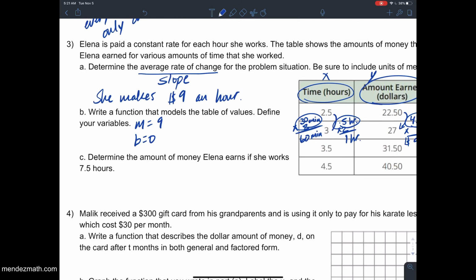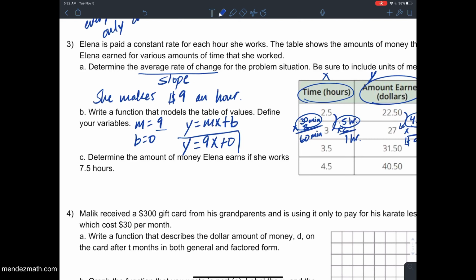So if the general form is y equals mx plus b, then we're just going to plug in y equals, the rate of change is 9. We got it right here. 9x. Again, she works 0 hours, she makes 0 money. You can leave it y equals 9x, or you can do y equals 9x plus 0.